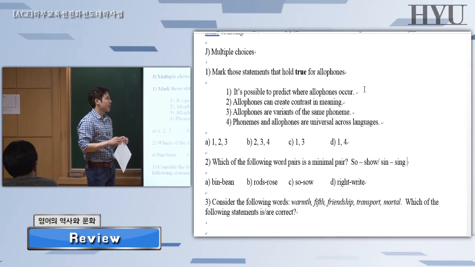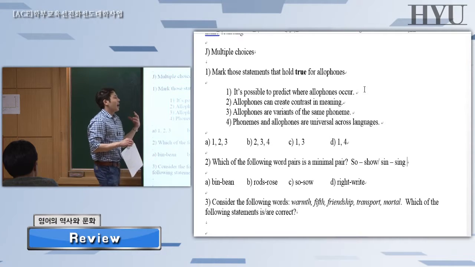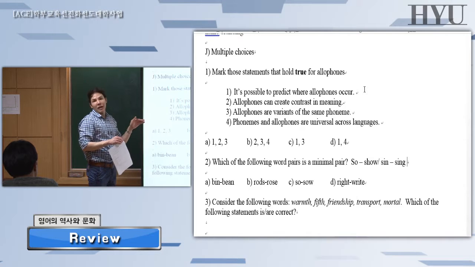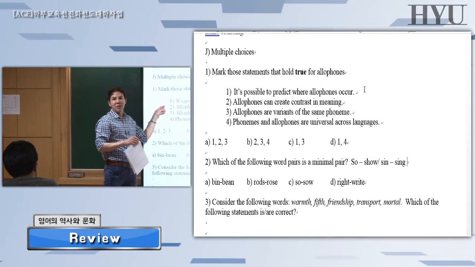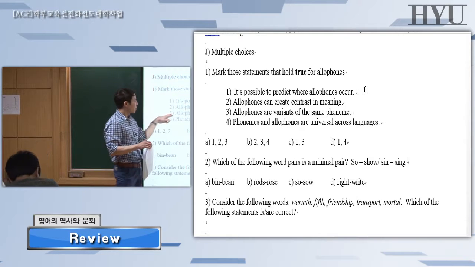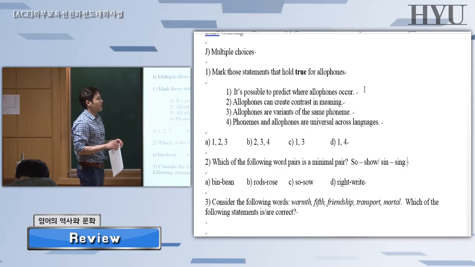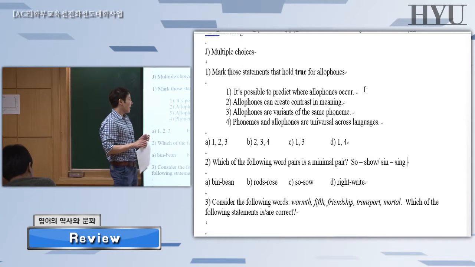This is wrong because only phonemes can create contrast in meaning, and allophones are not significant units of sounds, just variants of the same phoneme, okay? So allophones cannot create contrast in meaning. So 2 is false. Number 3, allophones are variants of the same phoneme. That's correct, right? So 3 is correct.